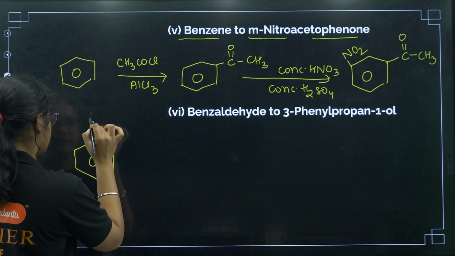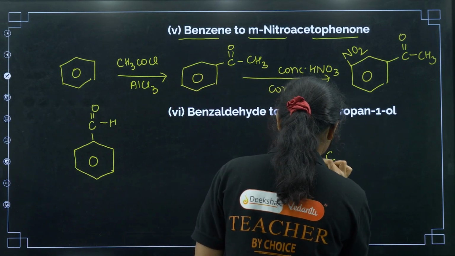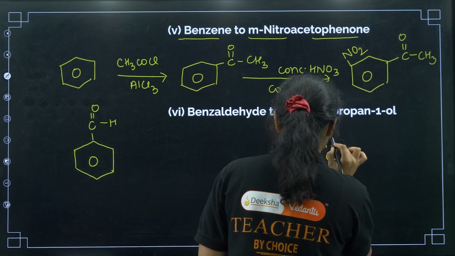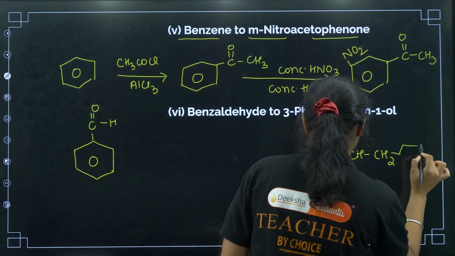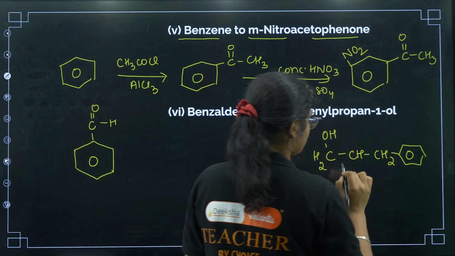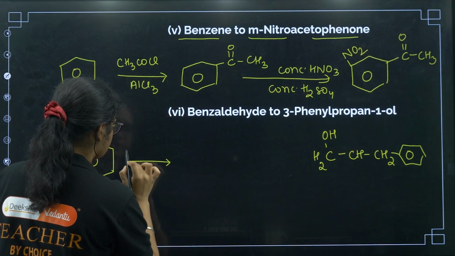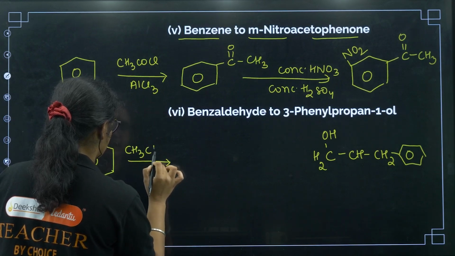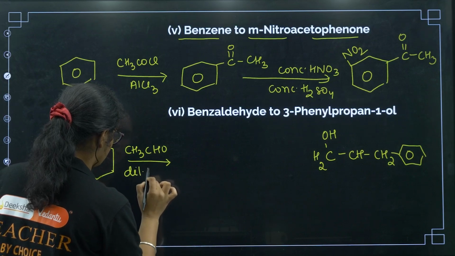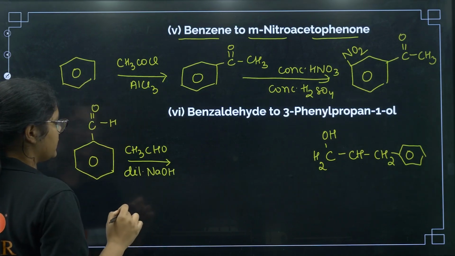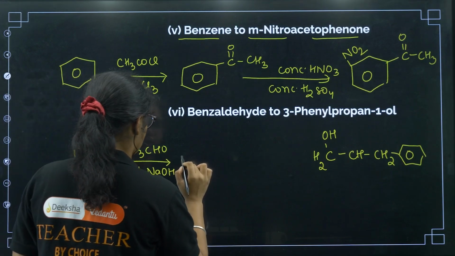Next question is from benzaldehyde to 3-phenyl propan-1-ol. That means we have CH2OH, CH2, CH2, like this, 3-phenyl propan-1-ol. Now if I take this benzaldehyde and react it with CH3CHO, like an aldol condensation with dilute NaOH, then this one will attack on this one, so I'll get a compound like this.